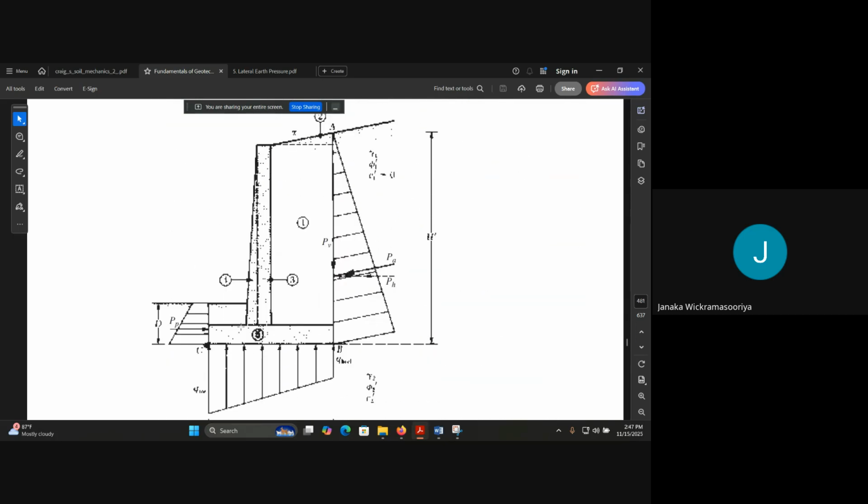Yes, if we take moments around this point, the weight of this soil is a resisting moment, and this passive force will be a resisting moment, and the moment by this active force will be tending to overturn this, and the weight of this structure will also be a resisting moment, right?